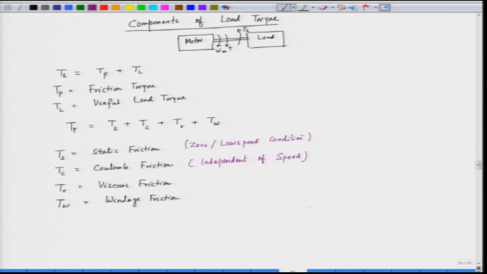When we talk about the viscous friction, it is proportional to the speed. And the windage friction is proportional to the square of the speed.